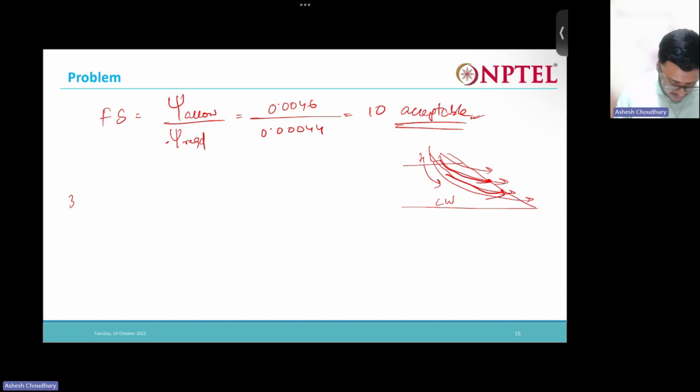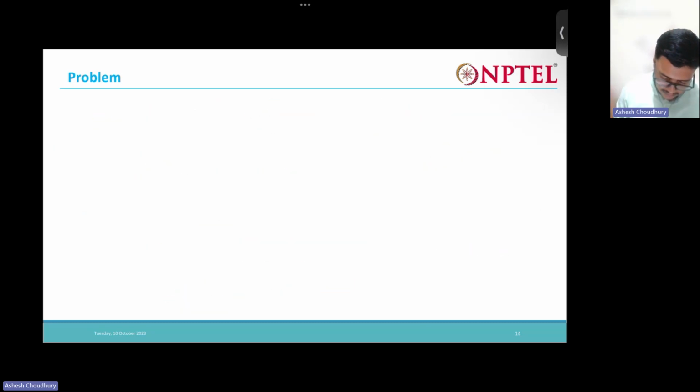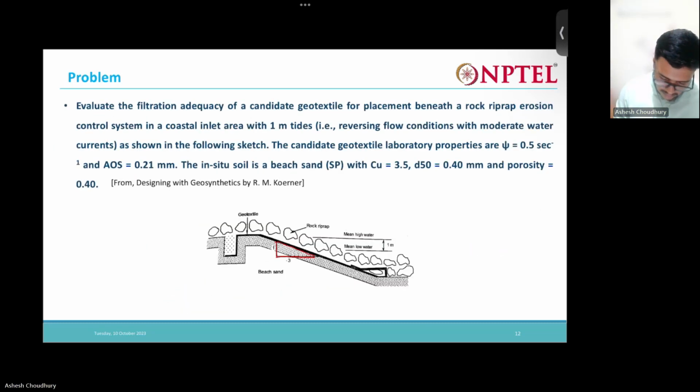Here they have selected a criteria: D50 should be less than D95, less than D90. So what is the D50 of the soil? 0.4. Did I write something wrong? Just a second. D50 is actually 0.10.